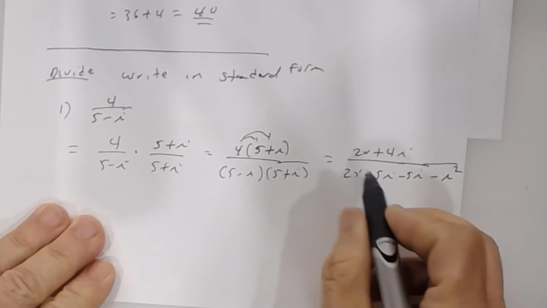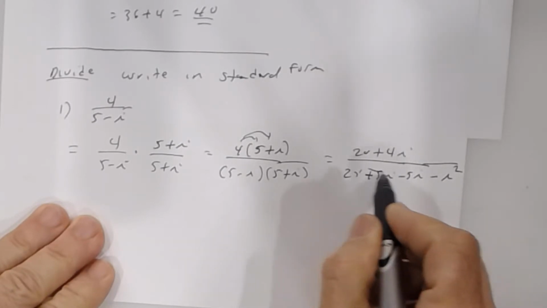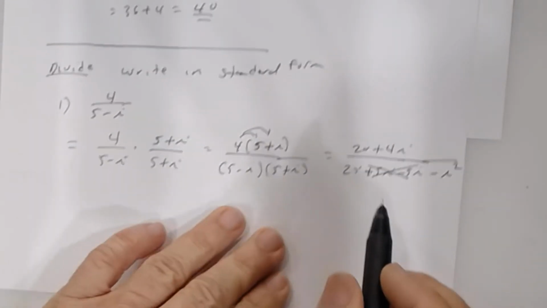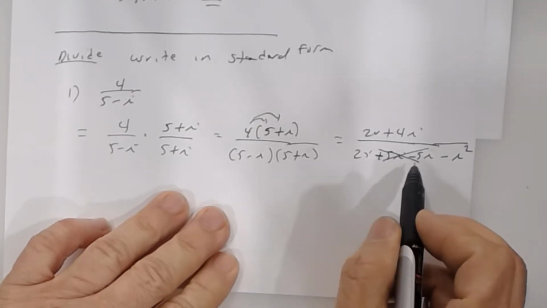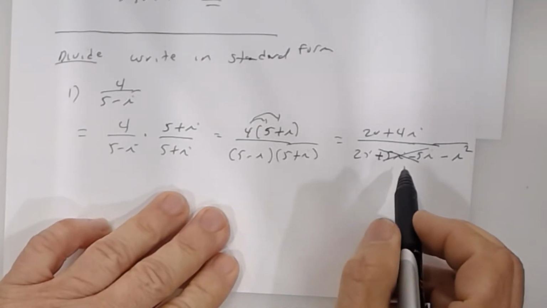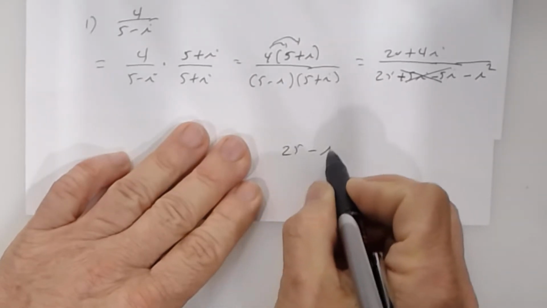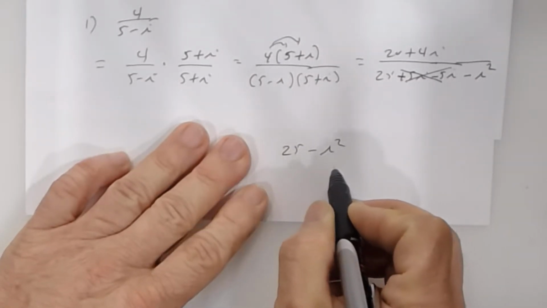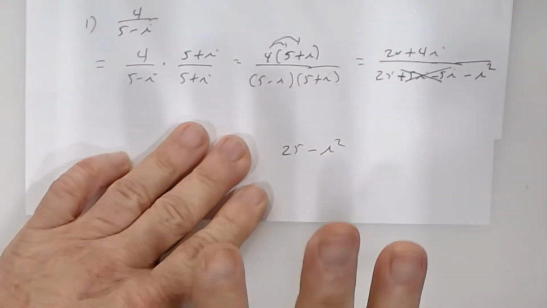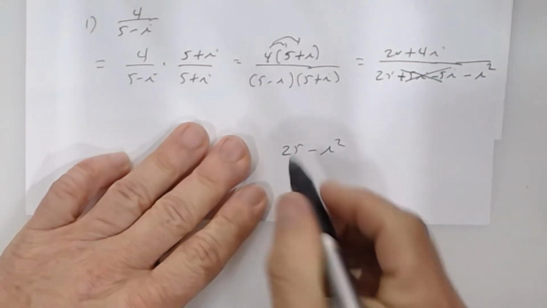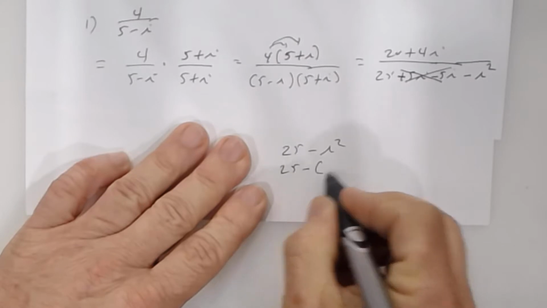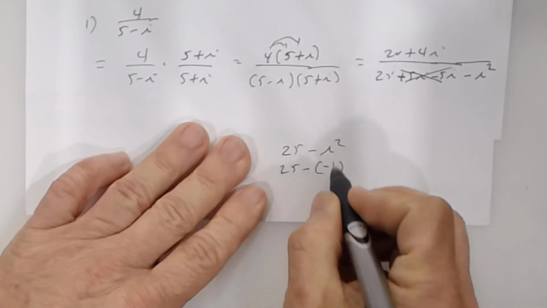What happened to the outer and the inner down here? You get 0. All right, now look carefully. See this denominator? In my denominator, I have this. I'm going to write it right here. I have 25 minus i squared. Y'all agree? Okay. What you may want to do is rewrite it the way I'm doing this. You're going to say 25 minus, and then what is i squared? Negative 1.